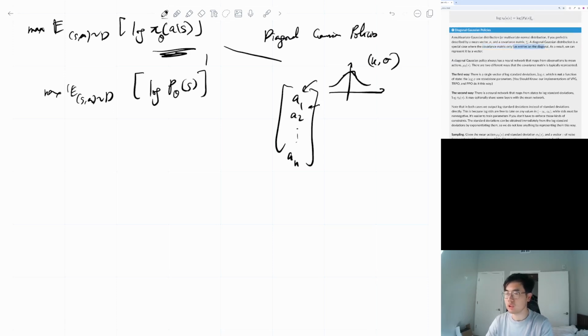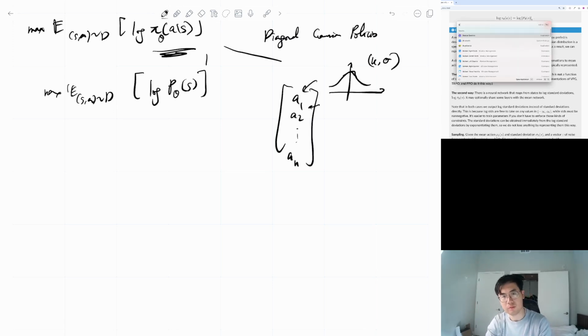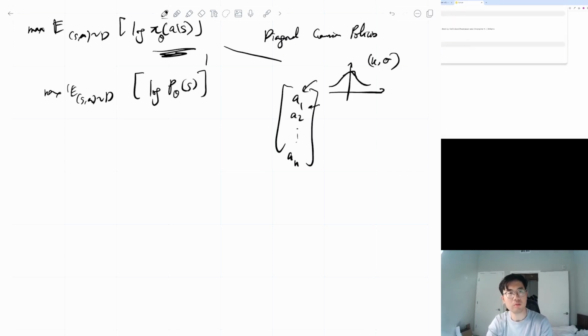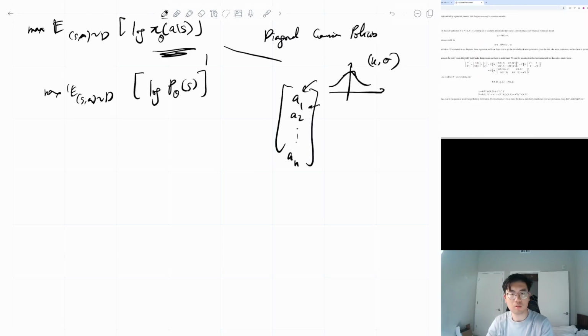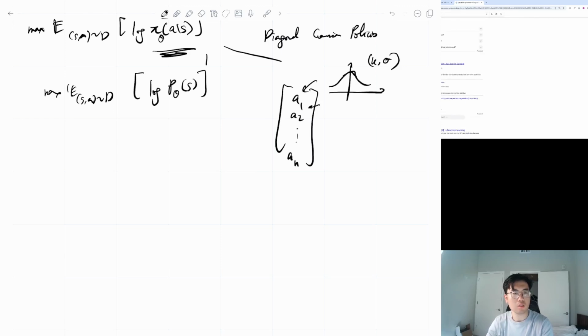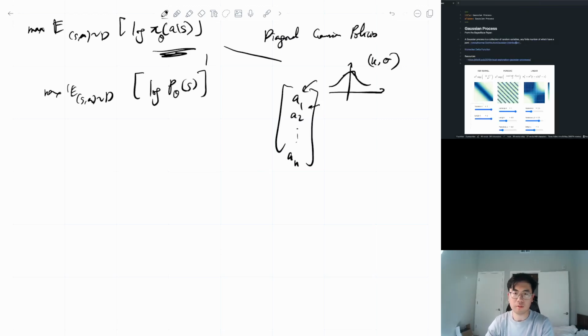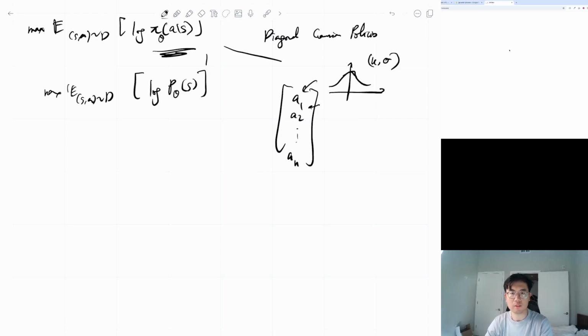There's another one called a Gaussian process. Yeah, I have it here.